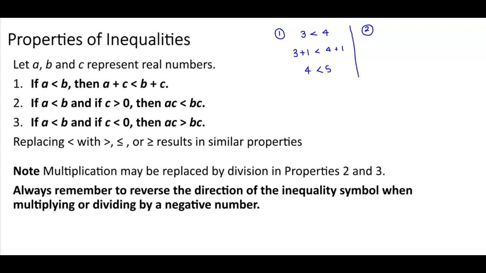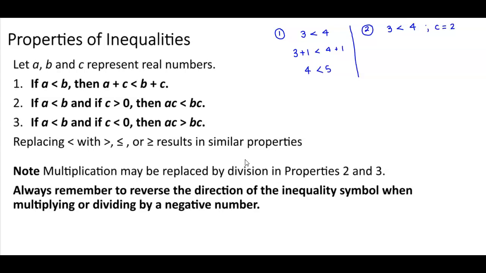Property number 2. If A is less than B, and if C is greater than 0, then A times C is less than B times C. So for example, let's use the same scenario. If we have 3, and we know that it's less than 4, and then we're going to choose C to be equal to 2.